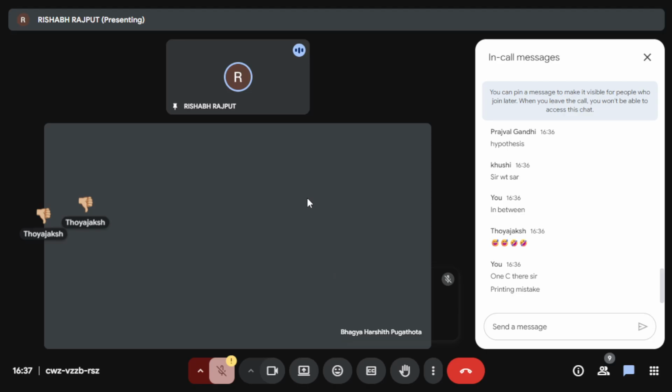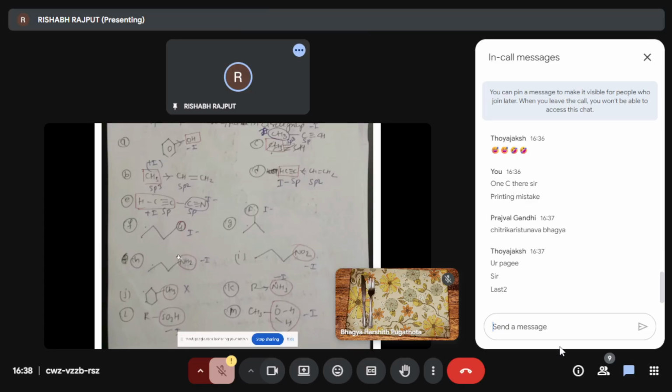This is the order of minus I effect. It depends on which element has more electronegative power. So first you have to compare: if carbon is attached to carbon, in this case you just see sp3, sp2, and sp.